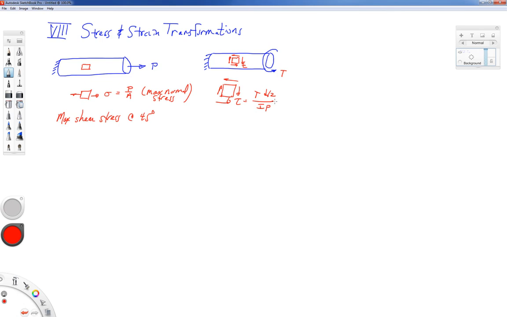And we have a shearing stress state in this orientation. And the maximum normal stress is at 45 degrees to the axis of the bar.